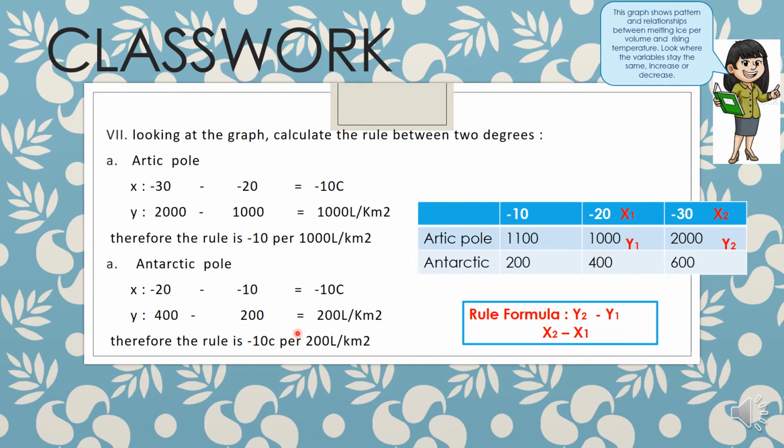So the rule is negative 10 degrees per 200 liters per kilometer. For each negative 10 degrees, you are saving 200 liters per kilometer of ice. You're freezing, or it's a rule, it's a change.